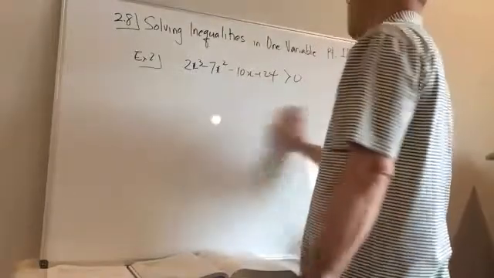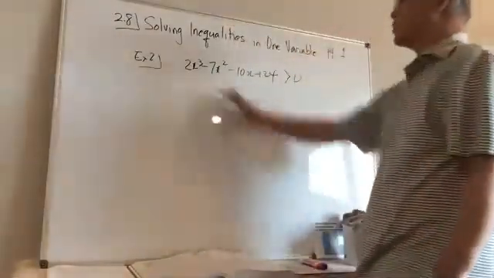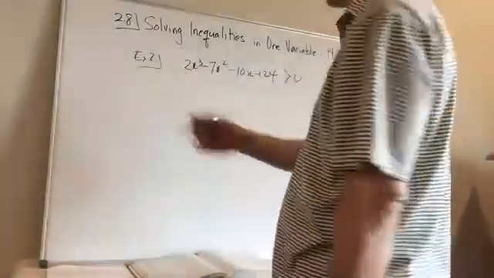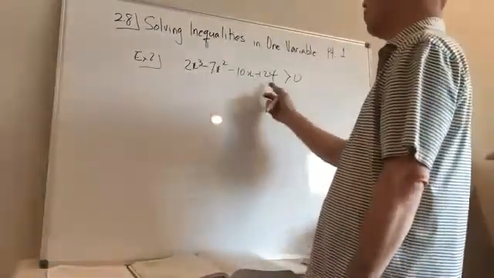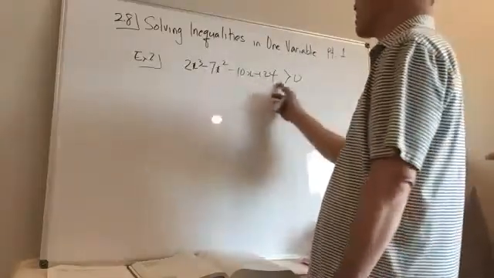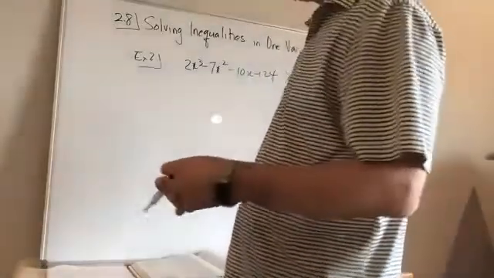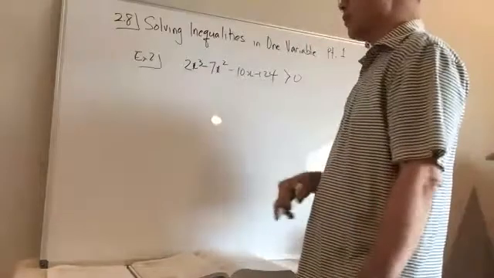Again, I have to solve it equal to 0 first, right? So how do I solve this equal to 0? I have to do it algebraically, right? To find the zeros of this, I would go ahead and do the synthetic division, right?